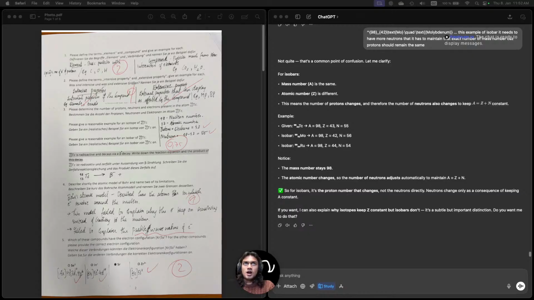Isobar. So the neutrons are just automatically adjusted from the protons.